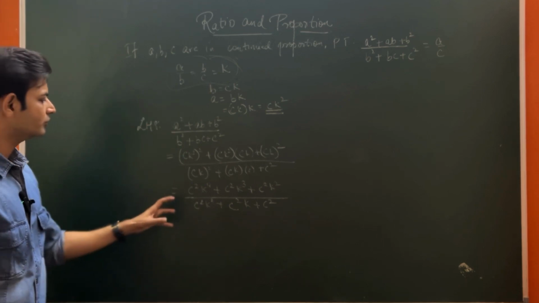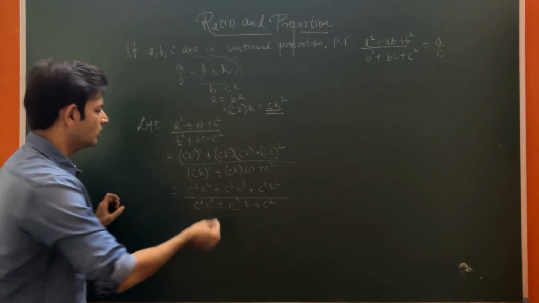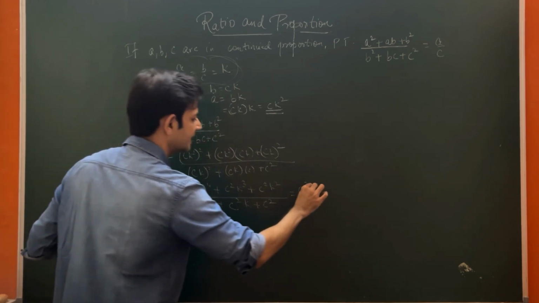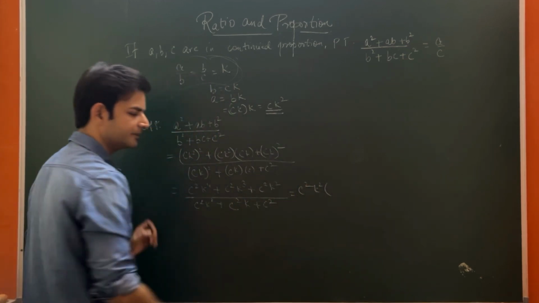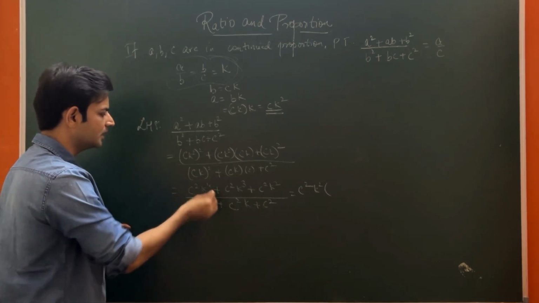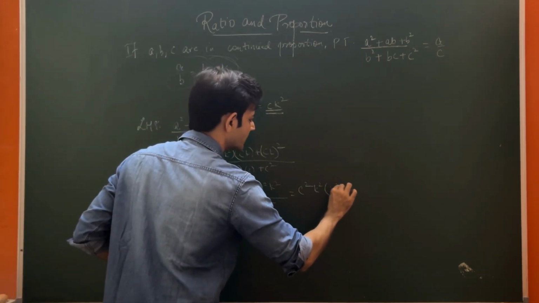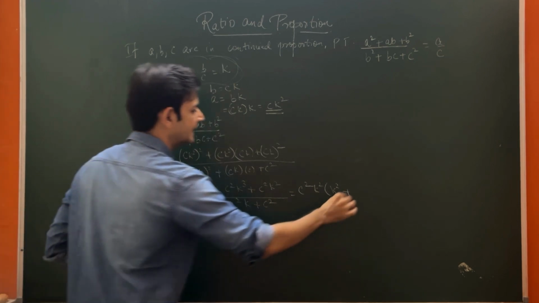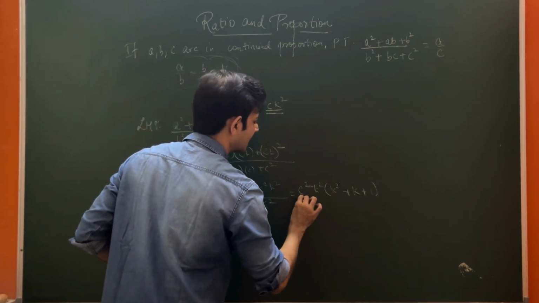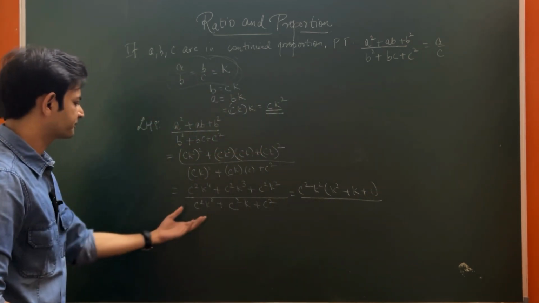square. So from here in the numerator, we can take C square K square common. Because we have taken C square K square common, we are left with K square in the first term, K in the second term and 1 in the last term, upon.